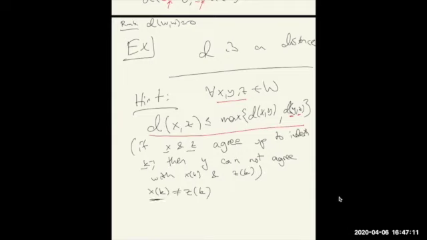But if xk is not equal to zk, y cannot agree with both xk and zk, because if it agreed with both, then x and z would also agree. So that means that y has to be different from one of these in the kth index, and that means that on the right-hand side one of these terms has to also be bigger. There's some case checking and looking at the definition, but it's a nice application.